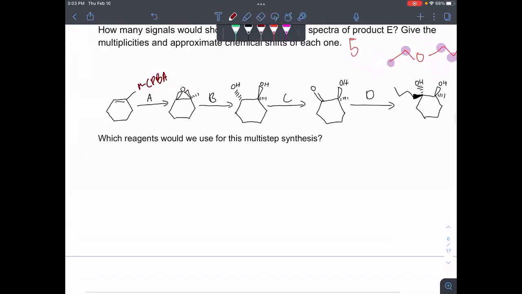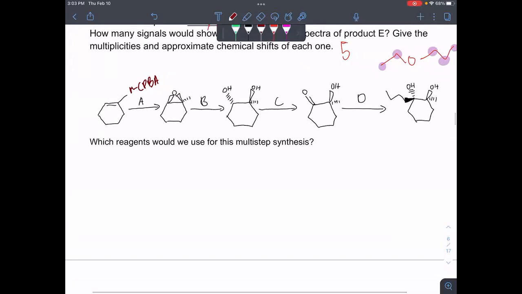Okay, and then in B, what do we do with the epoxide? We break it. Yeah, and then can you tell which side we broke it on? The left side. The left side, yeah, why? Yeah, and then how can we tell? Because it is trans.